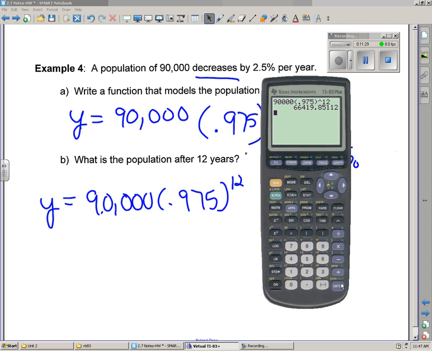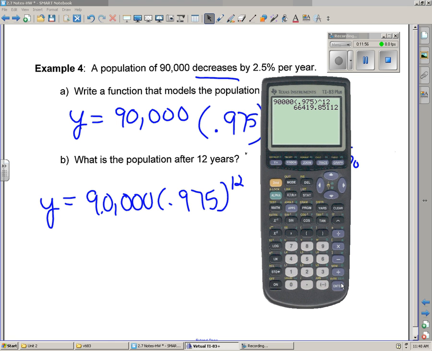It doesn't ask you about rounding in this case, so now you have to decide if you want to round it up or round it down. I will take one of two answers. If you want to write 66,419 people, because you can say that 0.85, a child wasn't born yet, that's fine. Or if you do 66,420 people, because the child's going to be born, I'll take that also.